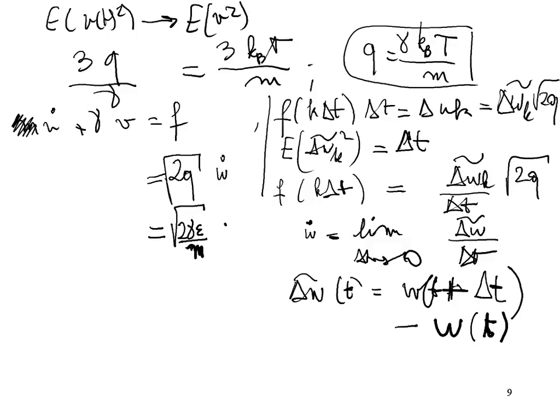Here we say by definition that epsilon, the energy, is equal to k Boltzmann T. This is k_B multiplied by the temperature.